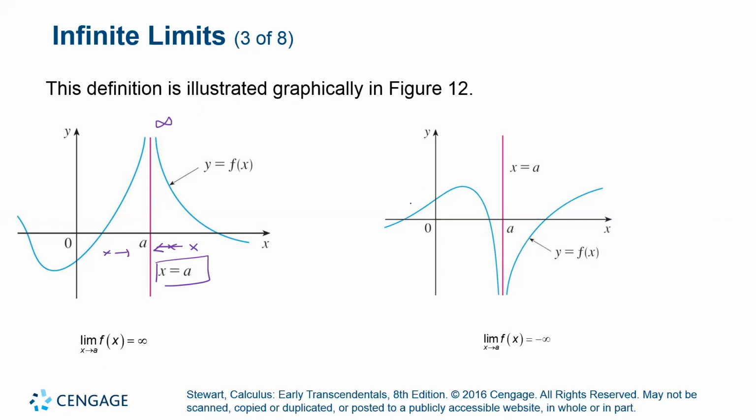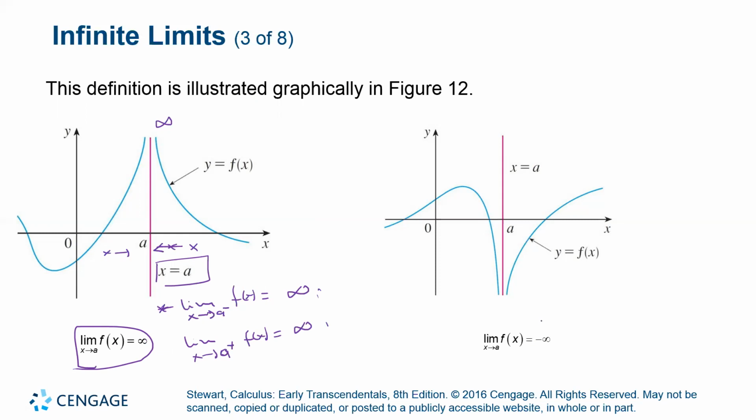So we say that the limit as x approaches a from the left of f of x goes to positive infinity, and the limit as x approaches a from the right of the same function also goes to positive infinity. So what can you say about the limit of the function as x approaches a? The two-sided limit will also do it, because these two are the same.